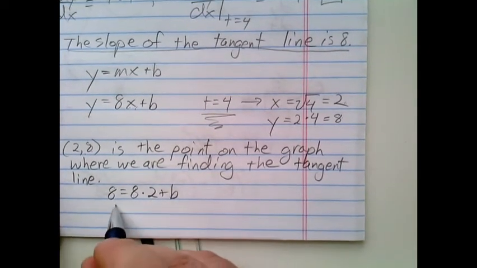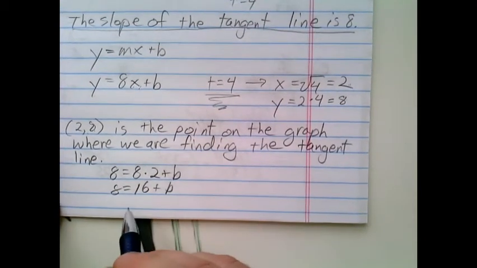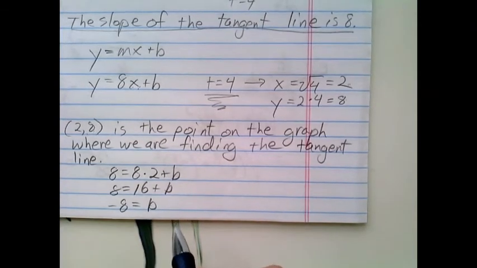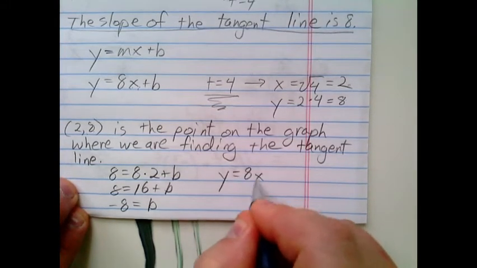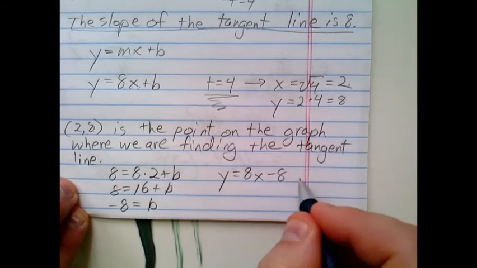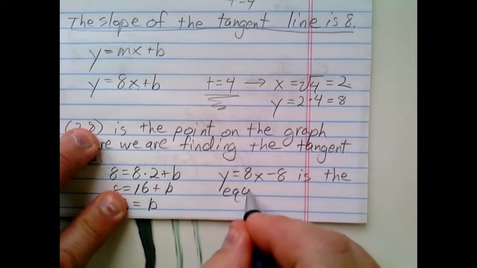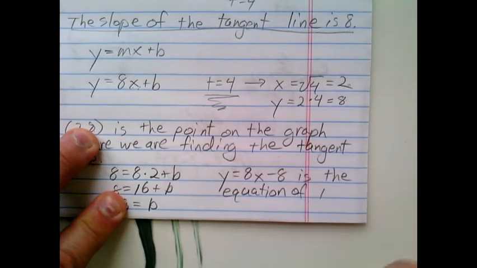So 8 equals 16 plus b. So it looks like negative 8 equals b. Alright, now I can write the equation of my tangent line. y equals 8x minus 8 is the equation of the tangent line.